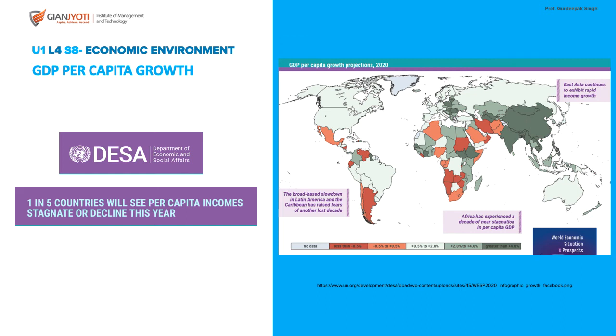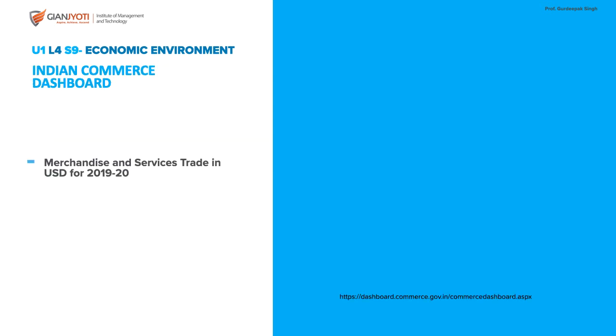So this gives you a very good growth projection for the GDP per capita of each continent, of each country, and the details are available on the website. I encourage you to go and explore that.